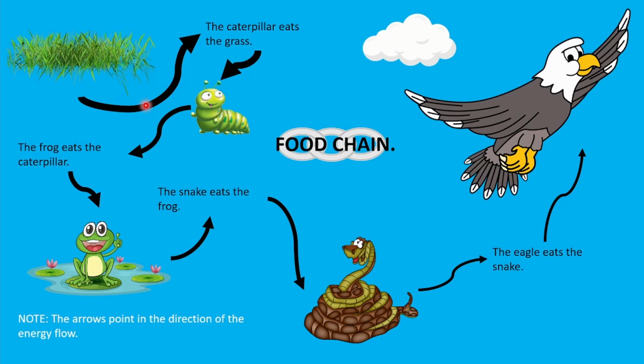With the arrows being thinner the further you go, it shows how the energy gets less as you go through the food chain.